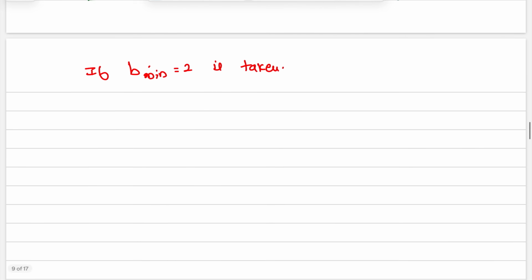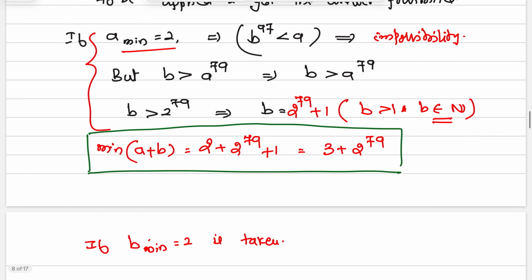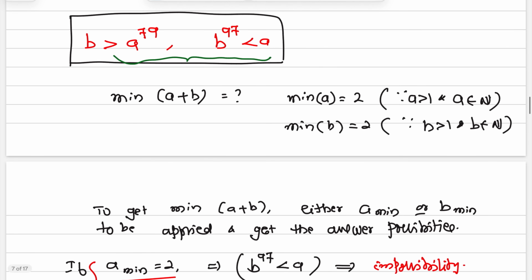Another possibility is if b minimum is equal to 2 is taken. What happens? b is greater than a to the power of 79 and b to the power of 97 is less than a.